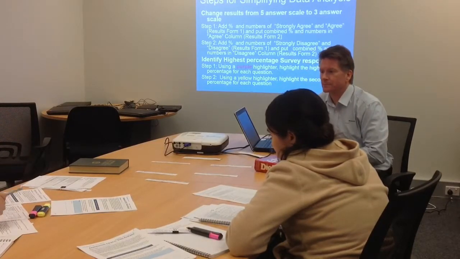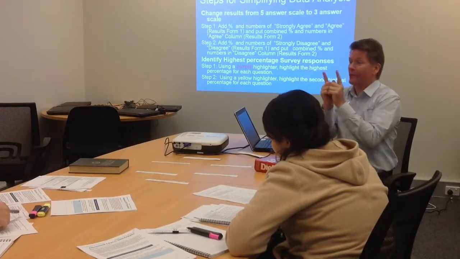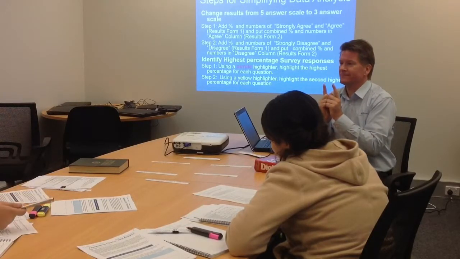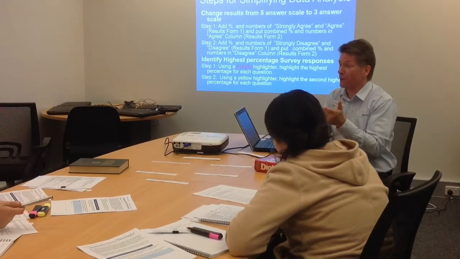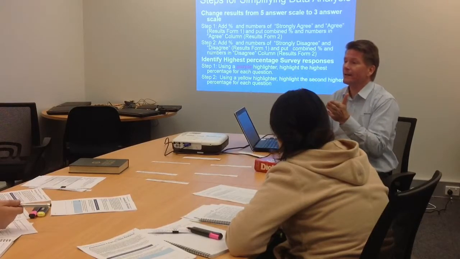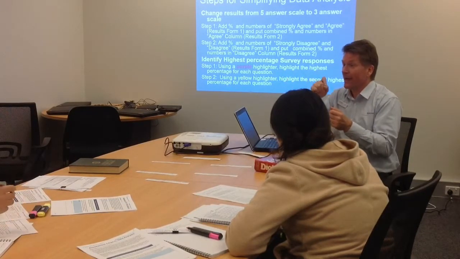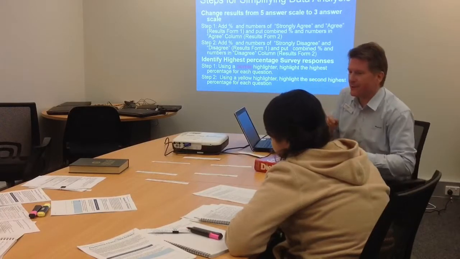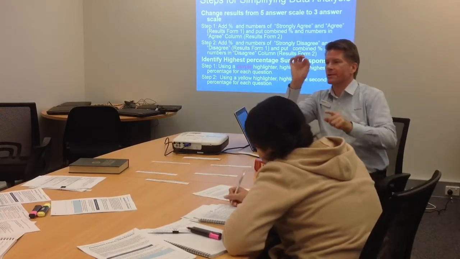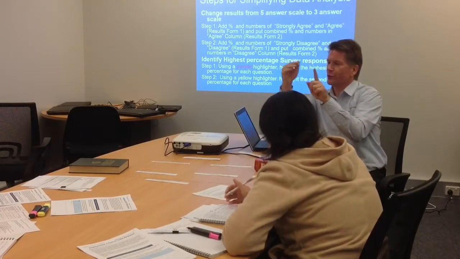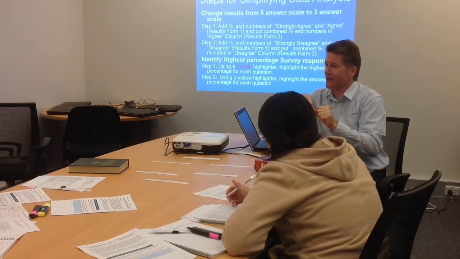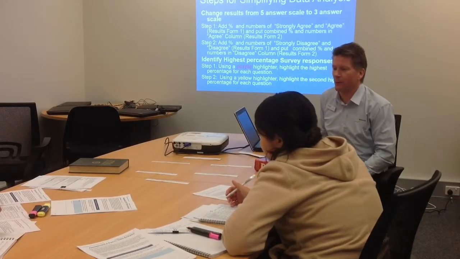So strongly agree and strongly disagree. Yep, so you add those percentages. So 6 with 24. 6 plus 24, together they would be? 30. Exactly. So just go down and write them just above the two columns, if that makes sense. Let's take a couple minutes to do that.